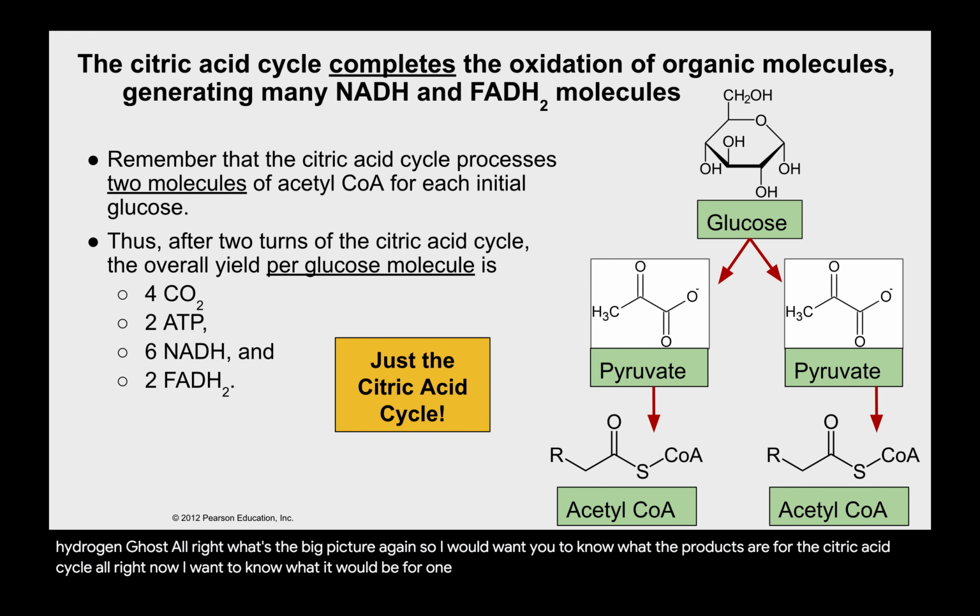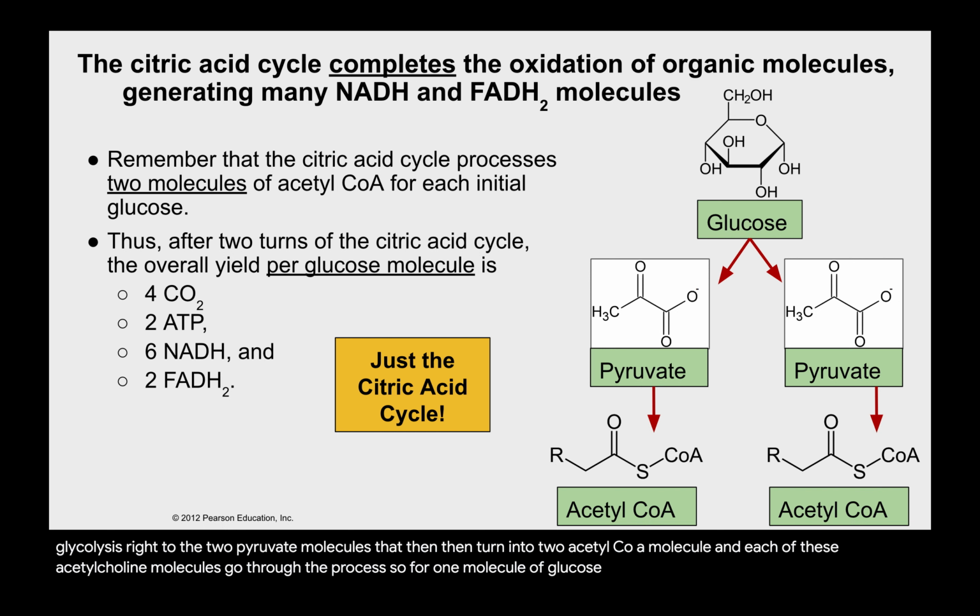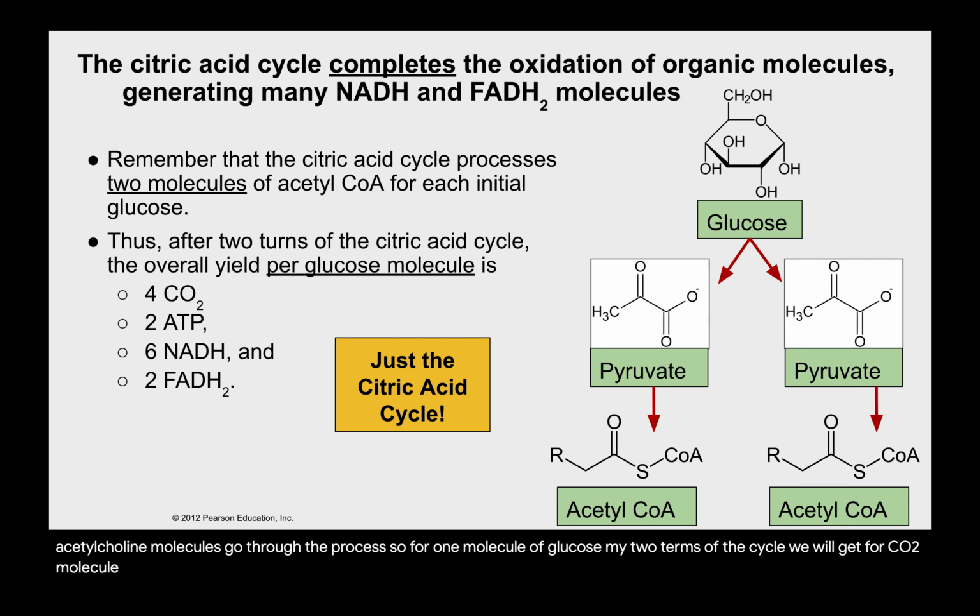So we have two pyruvate molecules that then turn into two acetyl-CoA molecules, and each of these acetyl-CoA molecules goes through the Krebs cycle. So for one molecule of glucose, it's kind of like two turns of the cycle, and we would get 4 CO2 molecules, 2 ATP molecules, 6 NADH, and 2 FADH2. That's just the citric acid cycle, nothing previous. Does that make sense?